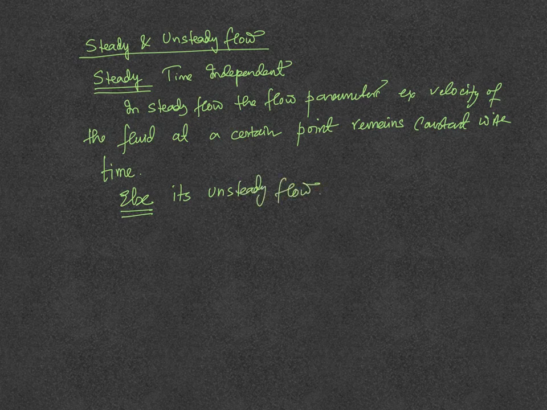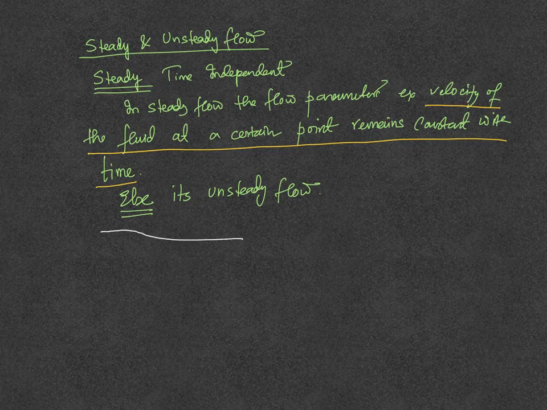Now, a steady flow does not mean that the acceleration of the liquid particle is zero. No, it's not that. See, what is mentioned in case of steady flow? That flow parameter, for example velocity of the fluid at a certain point, remains constant with time. It is not that of the same fluid particle. Suppose I tell you a pipe.